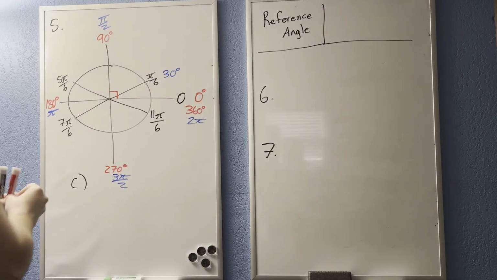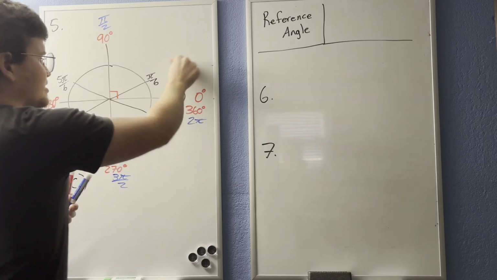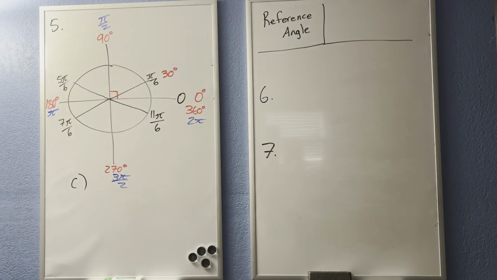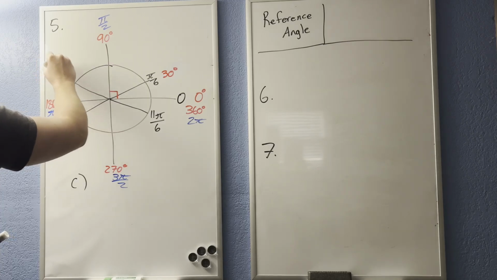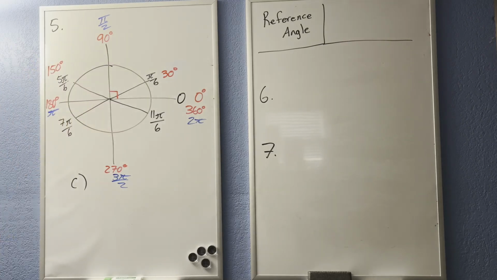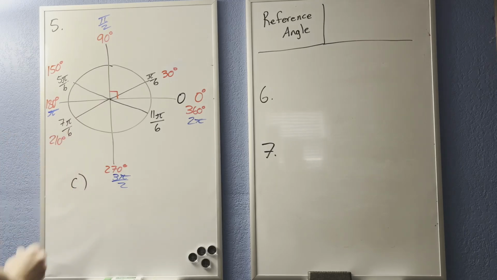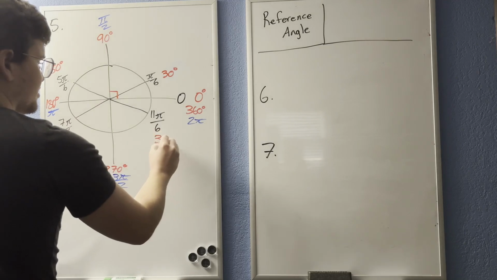Maybe I should write that in red so it matches with the rest of my drawing here. So 30 degrees. If I multiply 5 pi over 6, I'm going to get 150 degrees. Again, I'm multiplying by 180 over pi. 7 pi over 6, I'm going to get 210 degrees. And 11 pi over 6, I'm going to get 330 degrees.